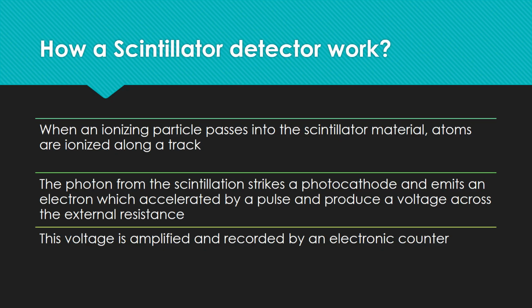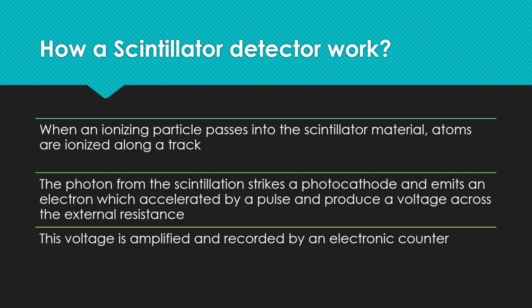So how does the scintillator detector work? When an ionizing particle passes into the scintillator material, atoms are ionized along a track. The photon from the scintillation strikes the photocathode and emits an electron, which is accelerated by a pulse and produces a voltage across the external resistance.